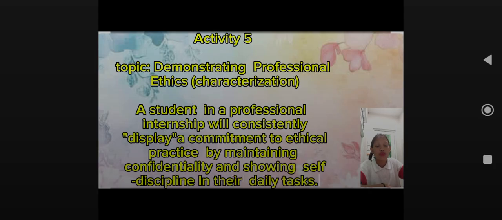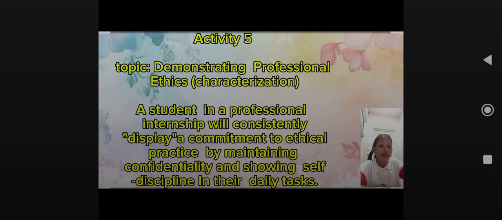Next is activity 5, demonstrating professional ethics. So, a student in a professional internship will consistently display a commitment to ethical practice by maintaining confidentiality and showing self-discipline in their daily tasks.